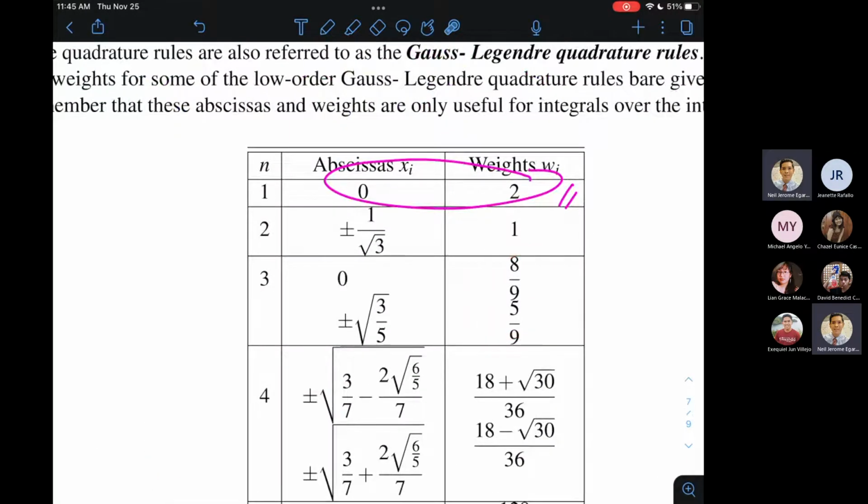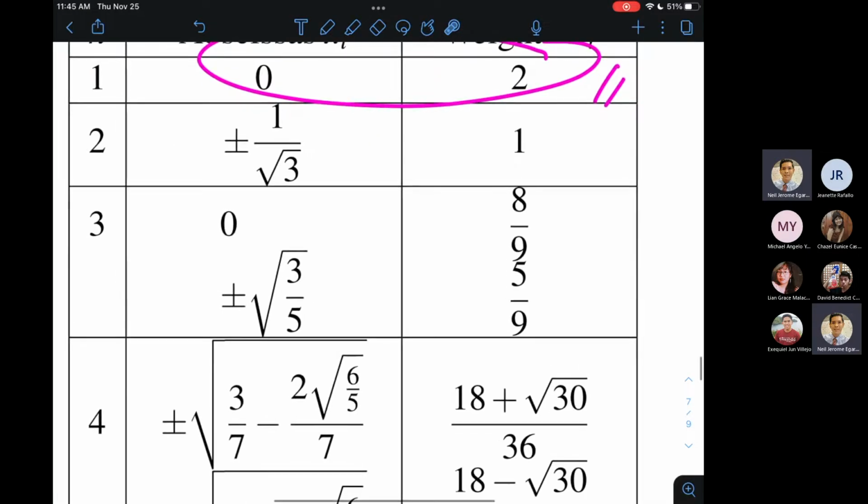So just a quick note on this table. Pag 3-point Gaussian quadrature rule, tatlo yung abscissas or tatlo yung points na gagamitin, they would be 0 plus or minus root of 3/5. So yung weight para sa function value ni 0 ay 8/9. Tapos ang weight para dun sa function values ni plus or minus root of 3/5 ay 5/9.